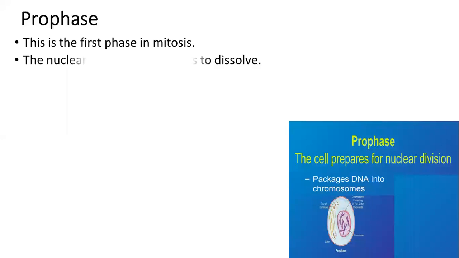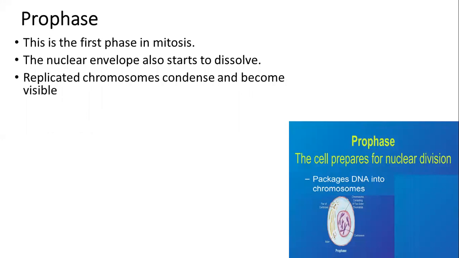Let's look at what happens during the prophase stage. This is the first stage of mitosis. During this phase, the nuclear envelope starts to dissolve; the nuclear membrane disappears.